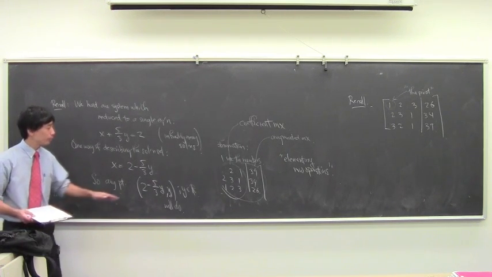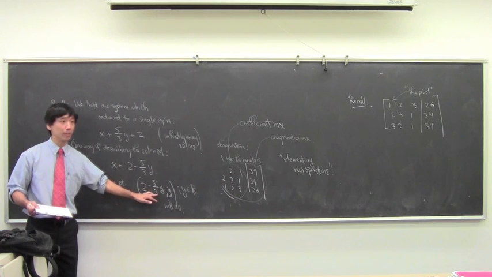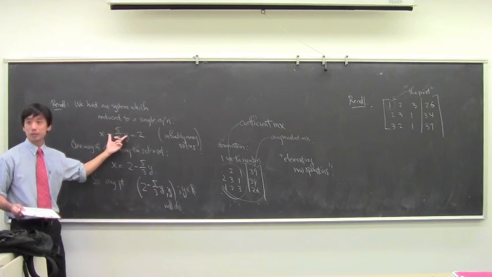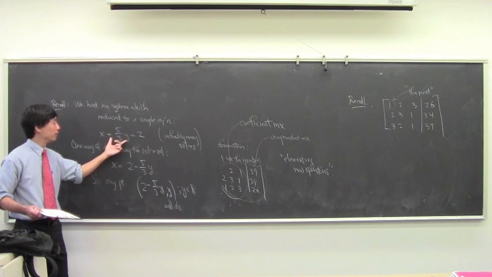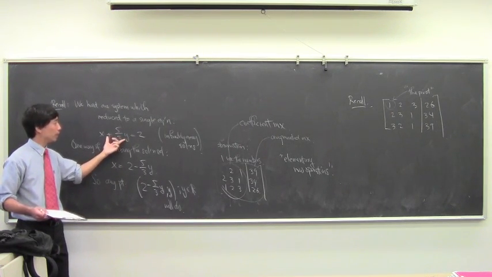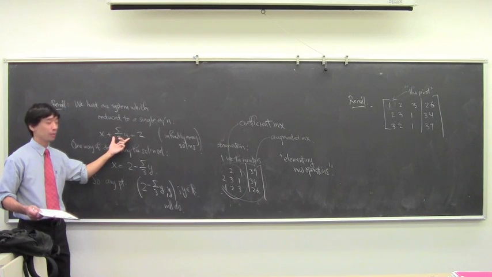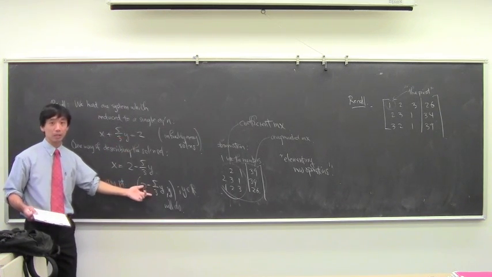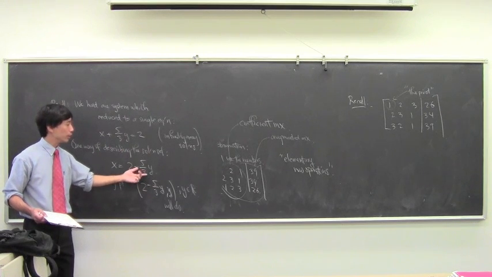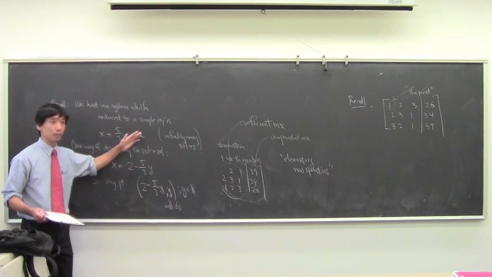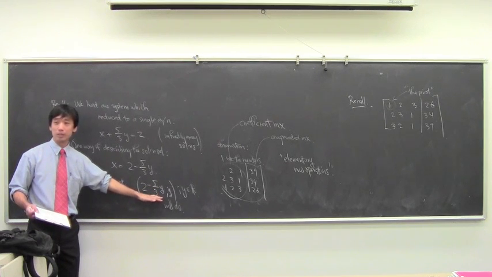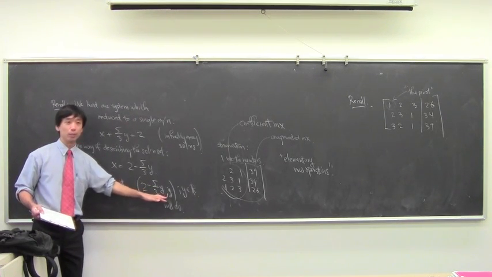So this is like a parametric way of describing the solution set, right? Geometrically, you could just say, well, any point (x, y) that satisfies this equation. But you maybe make a cleaner description by solving for x and noticing that this could be described as a family of points that depends on a single parameter.